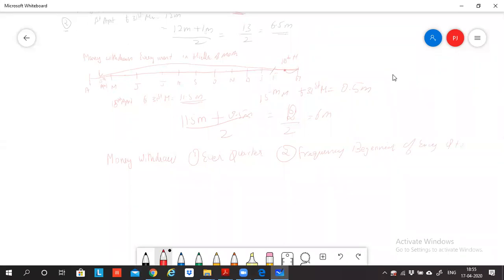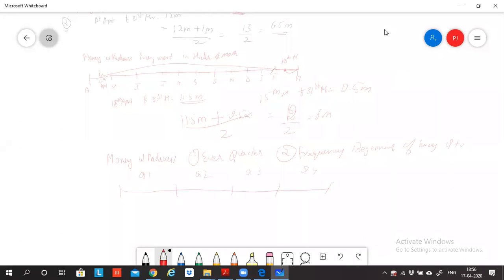Now please tell me what is the formula. The formula says the number of months the money was utilized from the date of first withdrawal. Now if I open the financial calendar year, this is Q1, quarter 1, quarter 2, quarter 3 and quarter 4.